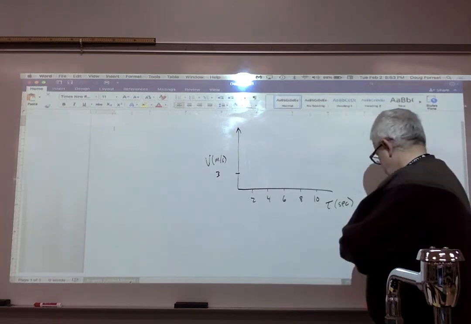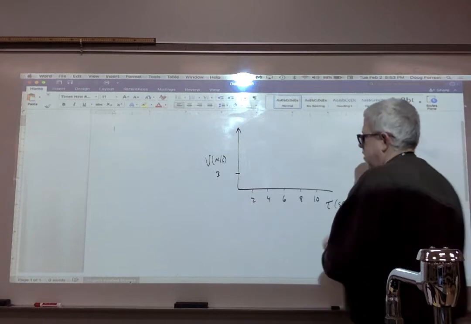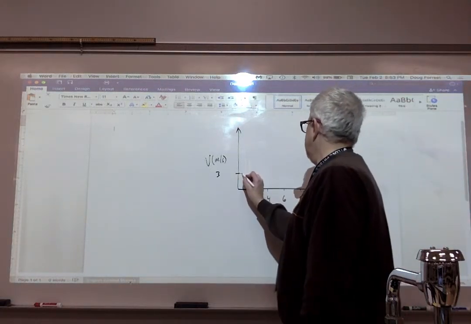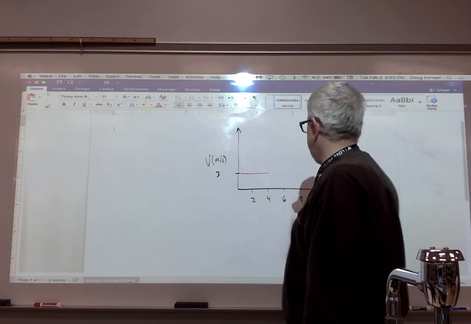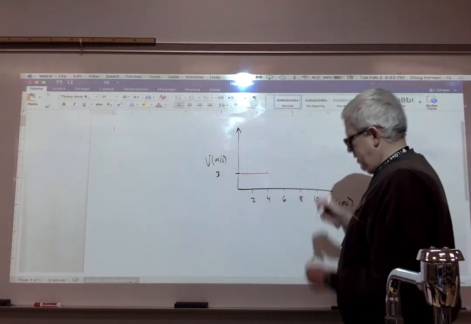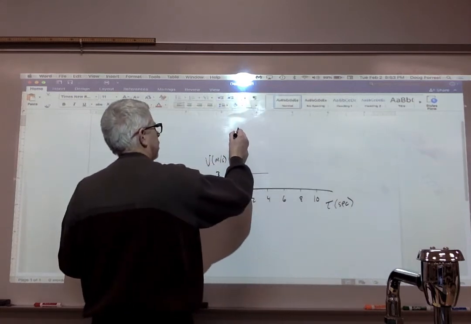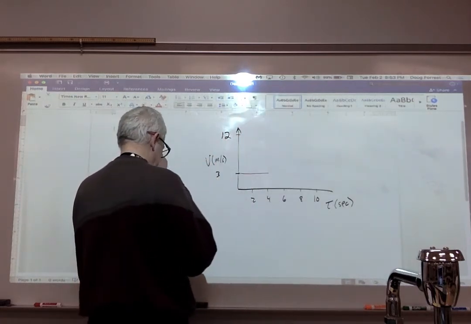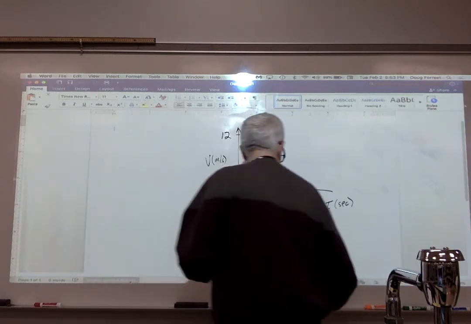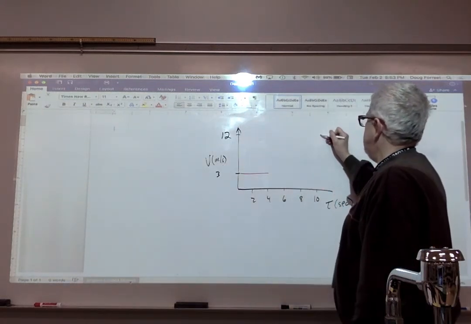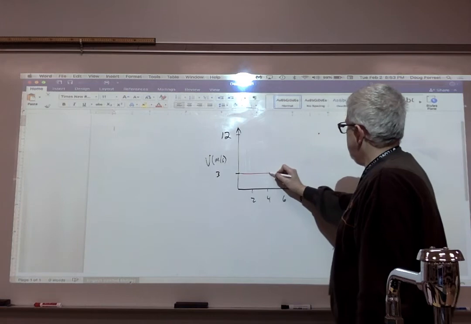So 3 meters per second there. And let's say we're going constant velocity during the first 4 seconds. And then, let's say we're going to accelerate to a value of 12 meters per second at the end of this time interval. So we're going to end up somewhere like that.